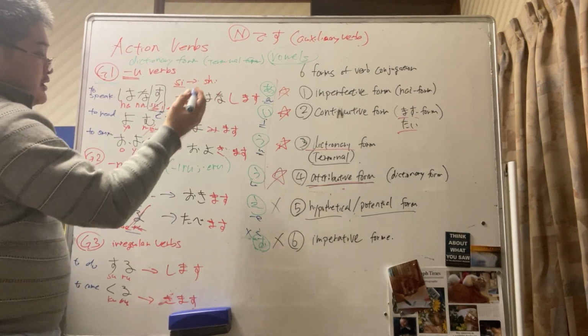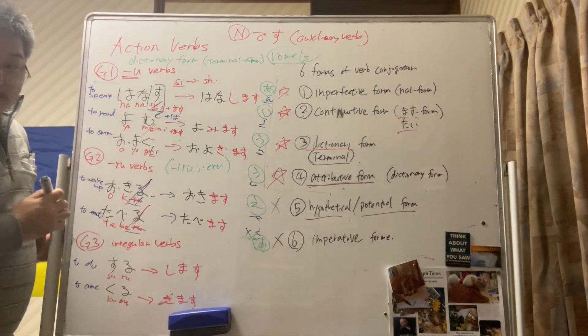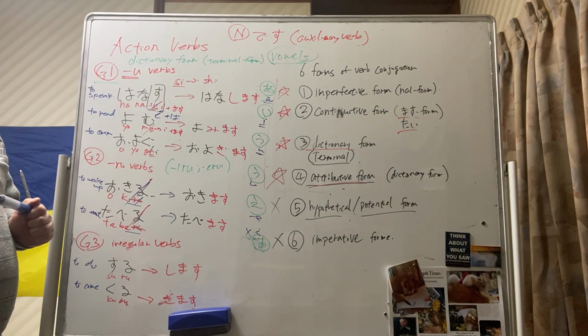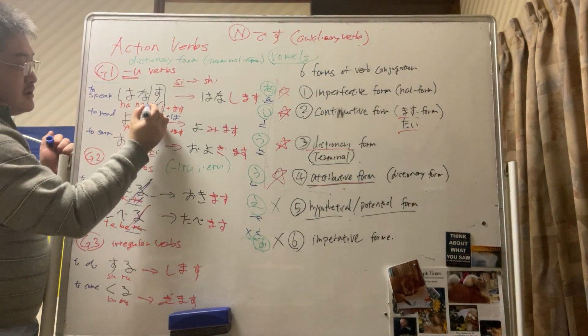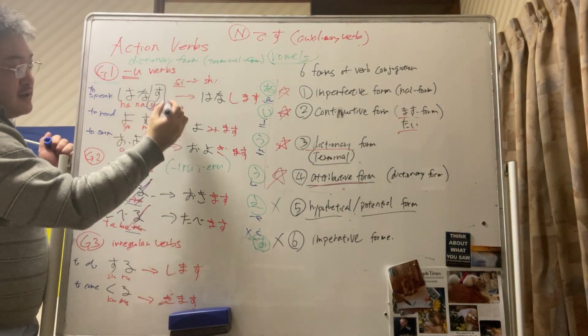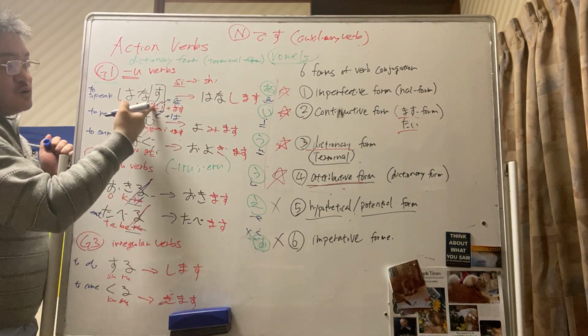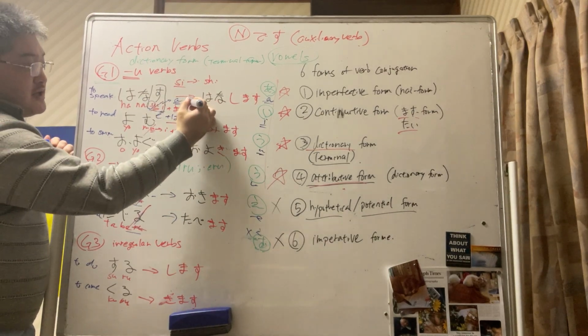When you say hanasu, how would you say I don't speak? Hanasanai. Exactly. Yes. See, this s still remains. It's just that U changes into the A sound. Hanasanai. Yeah, and then you put nai.